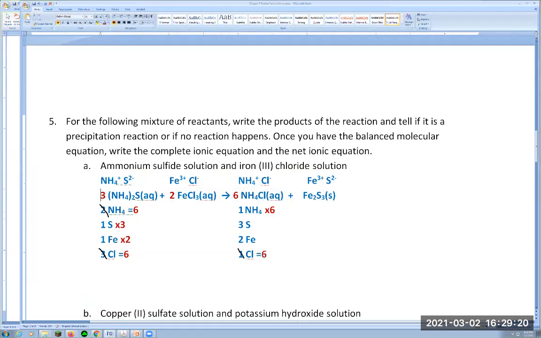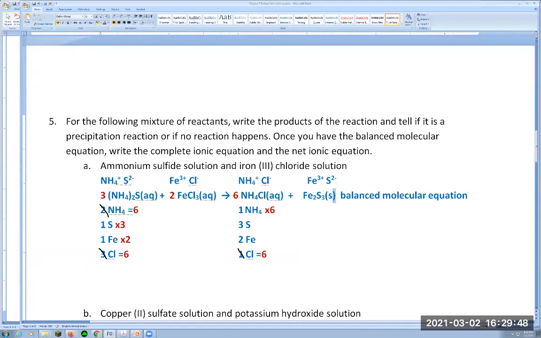So finally, this is the balanced molecular equation, right? I can write this here. That's the balanced molecular equation, right? And so the question is asking for, do we have a precipitation reaction or not? I should have answered that earlier, but so do we have a precipitation reaction?